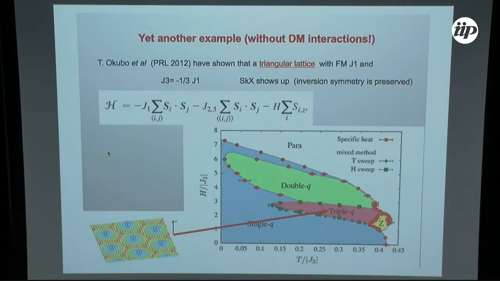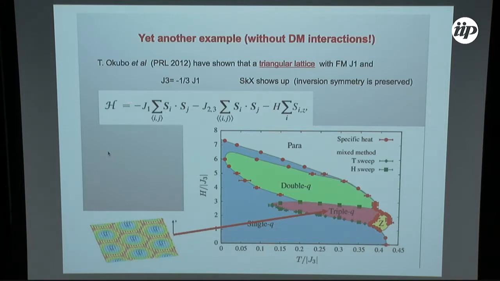Okay, there is another example that touches tangentially what we did. It was a paper by Okubo and collaborators in 2012, and they have shown that in a triangular lattice, they could get these Skyrmion lattices without Dzyaloshinskii-Moriya interactions. And here was the first indication that frustration may have an important effect on these Skyrmion lattices.